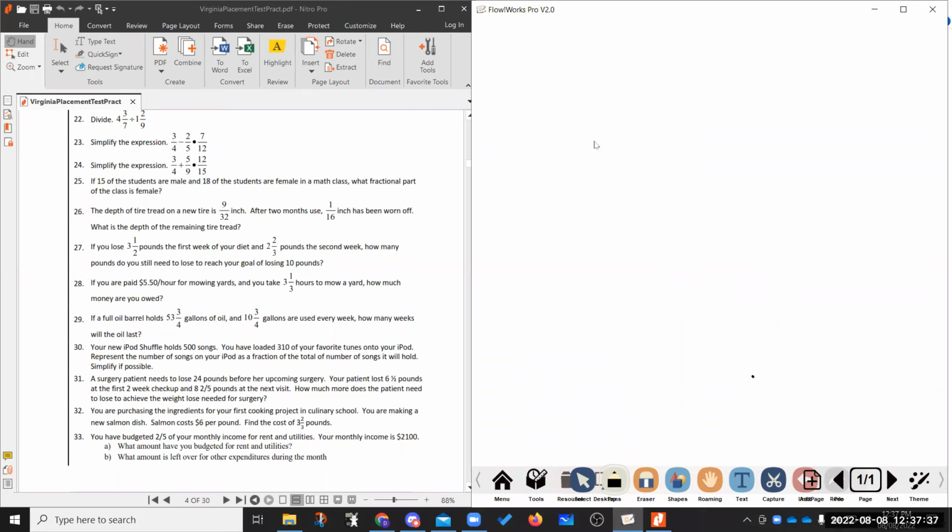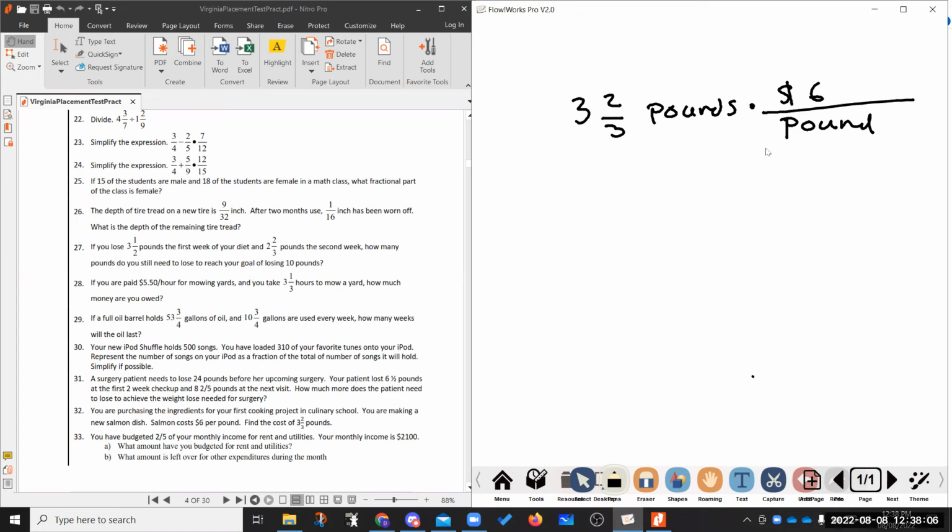You're purchasing ingredients for a cooking project in culinary school. You're making a new salmon dish. Salmon costs $6 per pound. Find the cost of 3 2/3 pounds times $6 per pound.